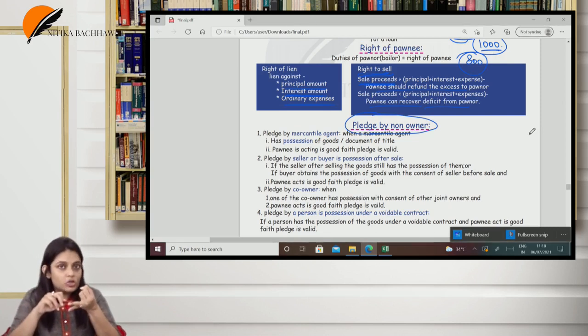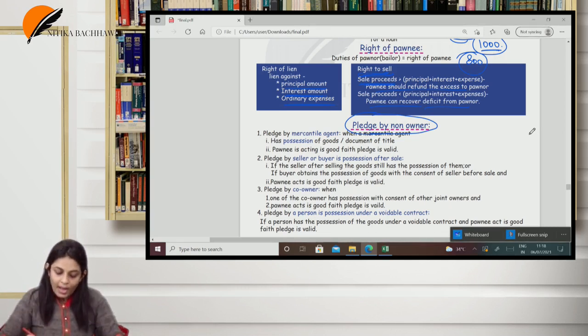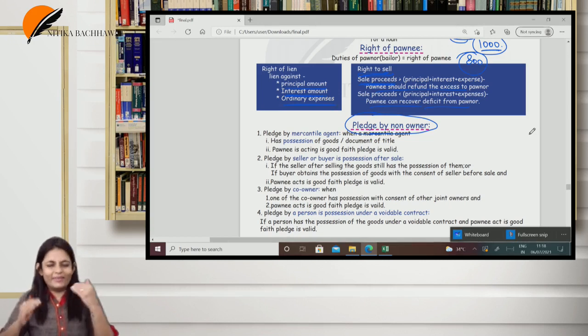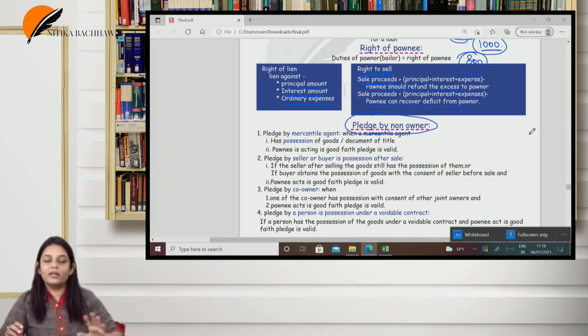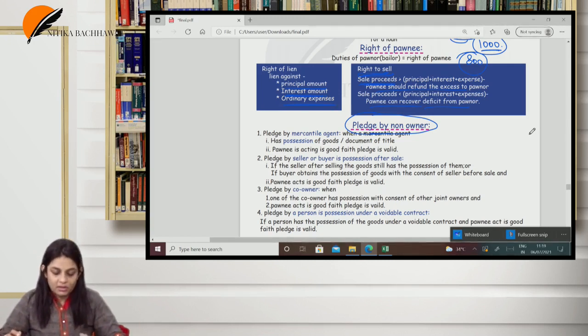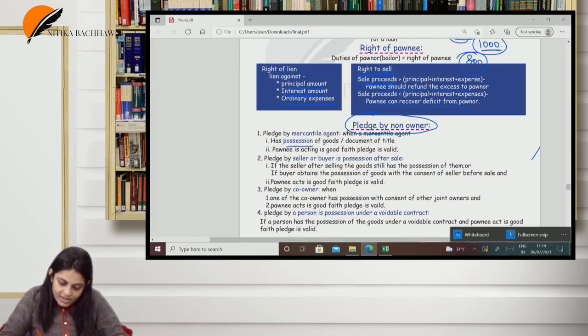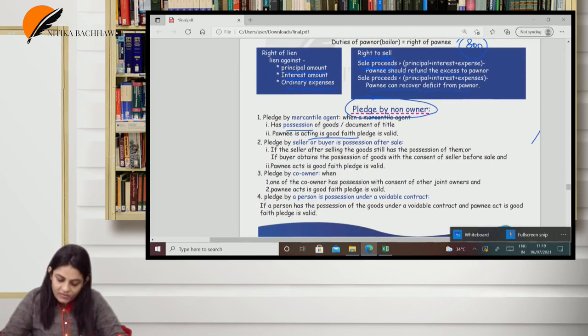He has possession of the goods with the consent of the owner, or has the document of title to the goods with the consent of the owner, and pledges them to a bona fide person, that is, the pawnee is not aware that he is not a genuine person. The pledge is absolutely valid. So where a mercantile agent has possession of the goods and the pawnee is acting in good faith, the pledge is valid.